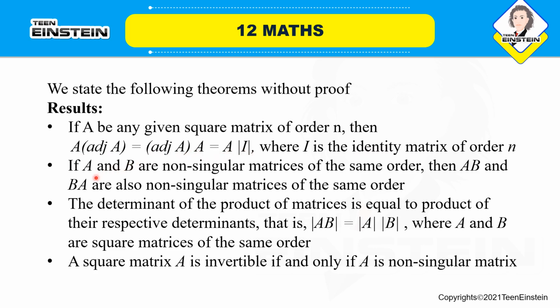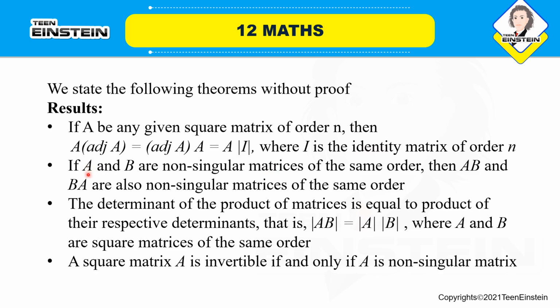What is the next result? If A and B are two non-singular matrices of the same order. What do you mean by non-singular matrices? Just now we have discussed the definition of non-singular matrix, right? If A is a non-singular matrix, then the value of the determinant A should be not equal to 0.